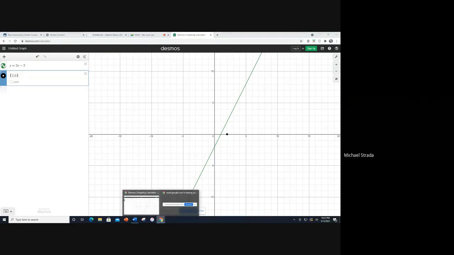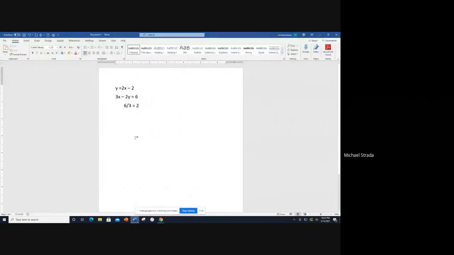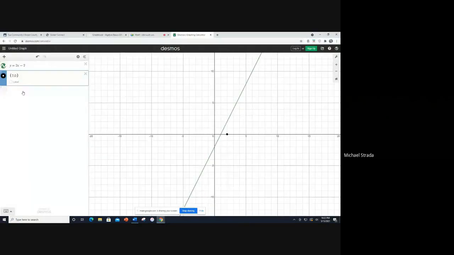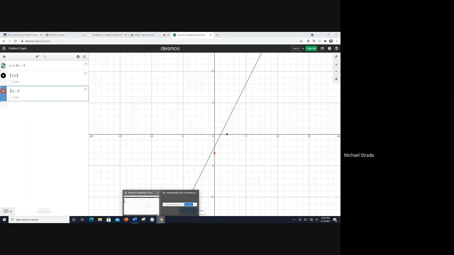For the other intercept, I take the 6, the constant, and divide by negative 2, and that gives me negative 3. So 0, negative 3 is my other point, which is my y-intercept. I plot those and connect the line.